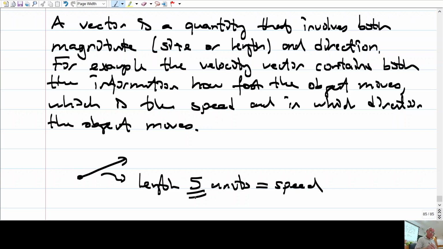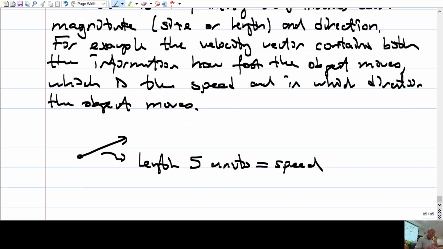So a vector is an object which contains basically two pieces of information: its size, which corresponds to some length or speed or some other quantity, and a direction. Okay.